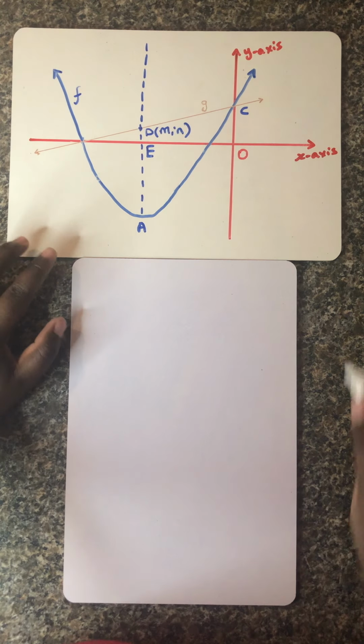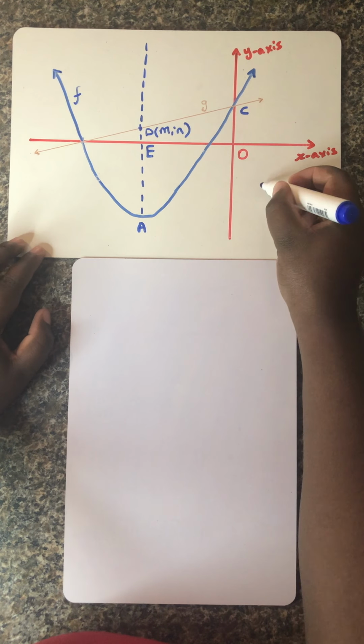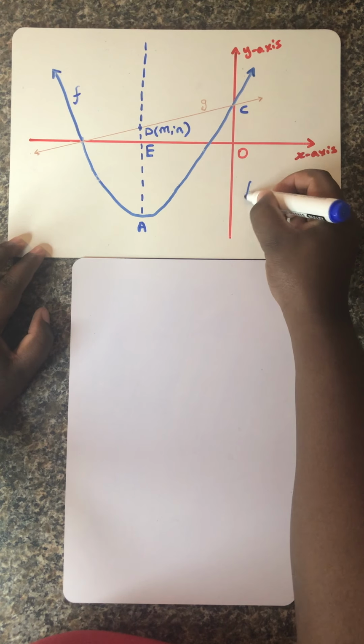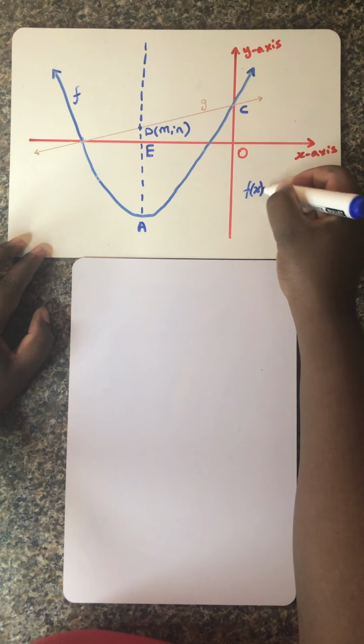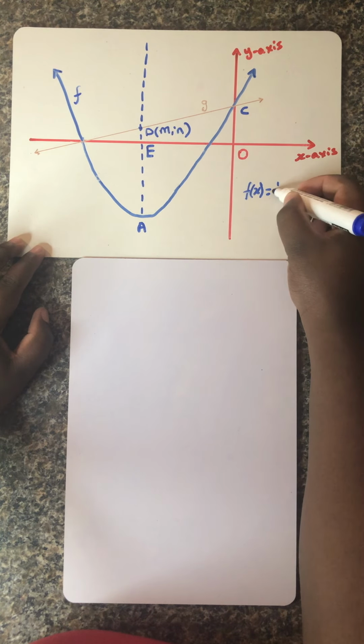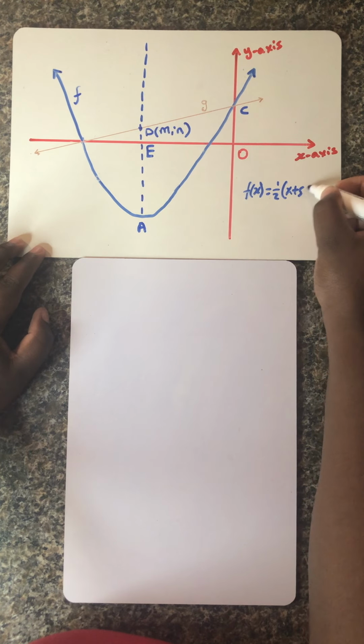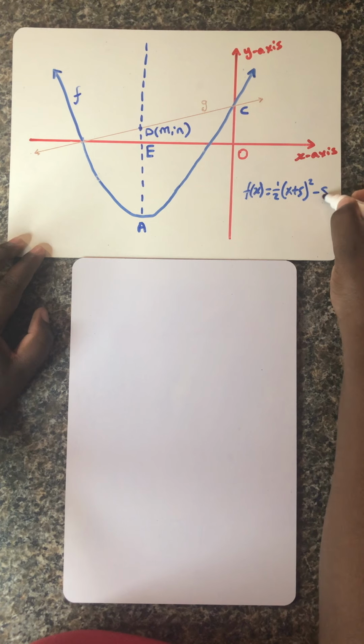So guys, let me just write down the formulas there. We've got the graph of f, f of x, which is equal to 1 over 2 into (x plus 5) squared minus 8.